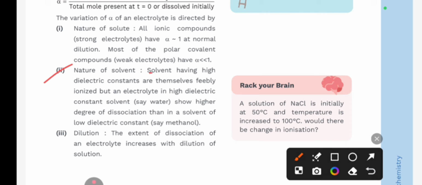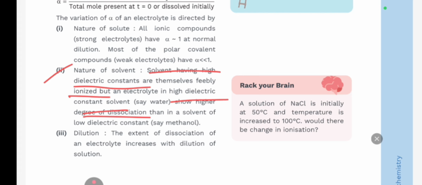Solvents having high dielectric constant are themselves feebly ionized, but electrolytes in high dielectric constant solvents show a high degree of dissociation. Dielectric constant means the ability to dissociate the solute into ions. So the higher the dielectric constant, the more the ability to dissolve.